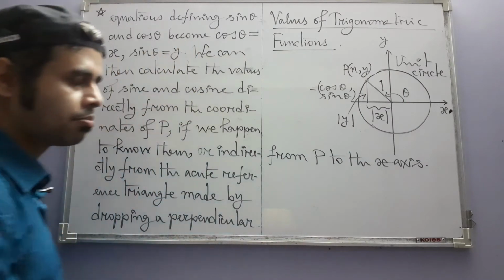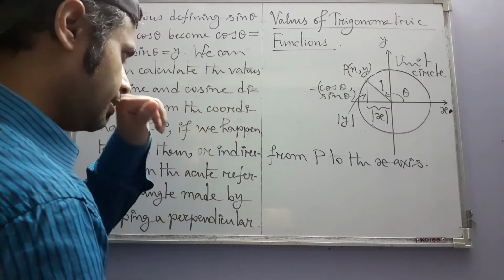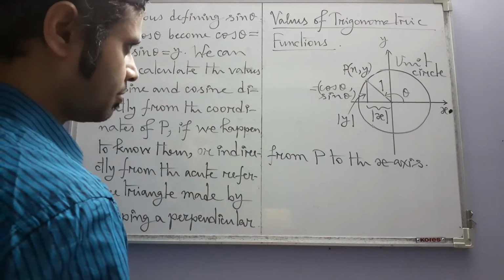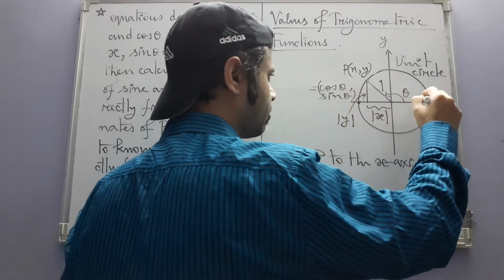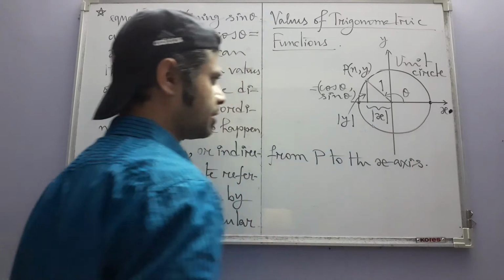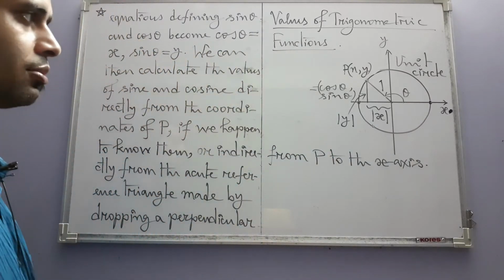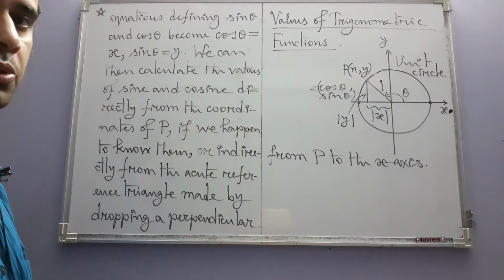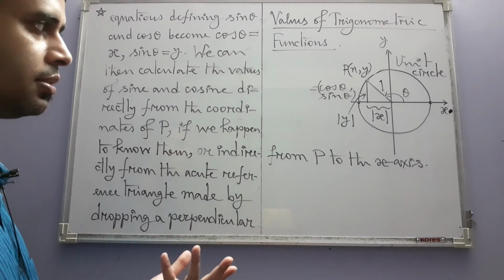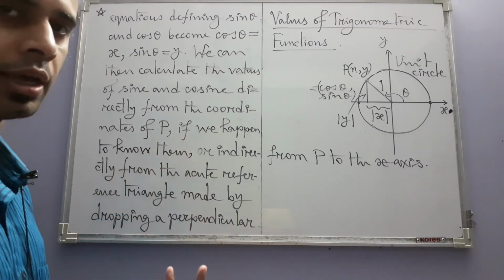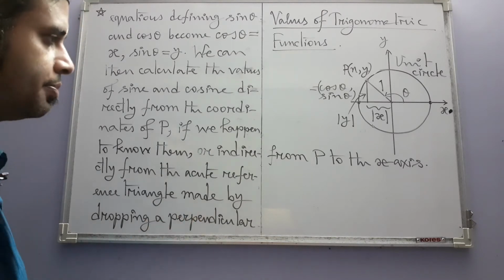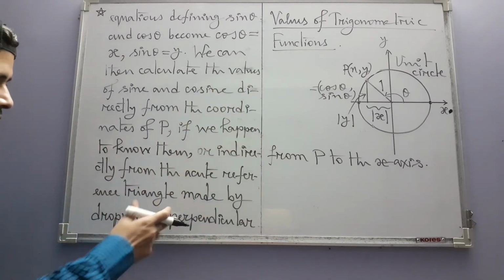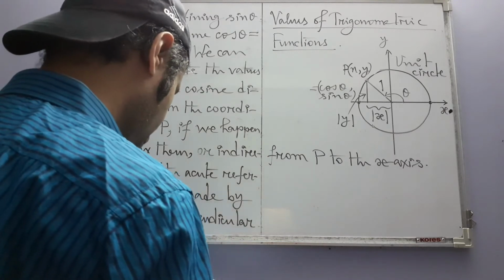So you can draw perpendiculars. Only in one case it will not: if your point lies here or here, then it will not mean much to draw a perpendicular from the point to the x-axis. You can imagine a perpendicular of 0 length, which is that point itself. But in general, this discussion works.